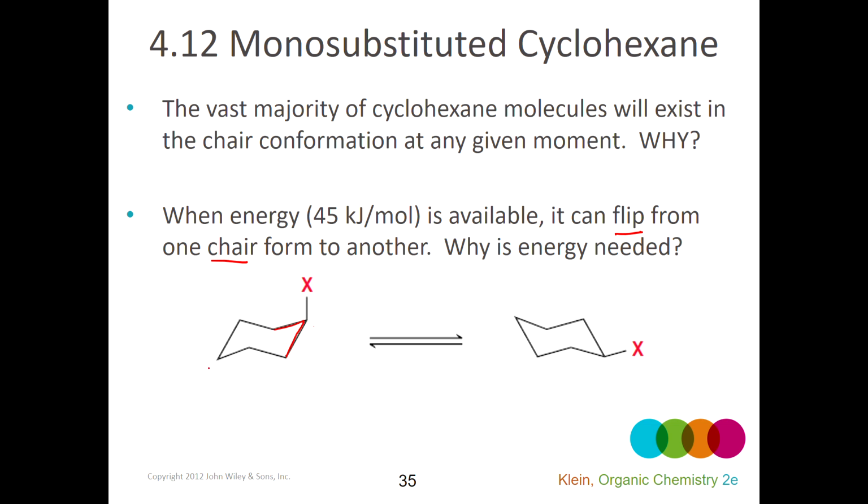So I find the foot of the chair, I find the head of the chair. I rotate these carbon-carbon bonds to put the head down. That makes a boat temporarily, or at least like an upside down boat.